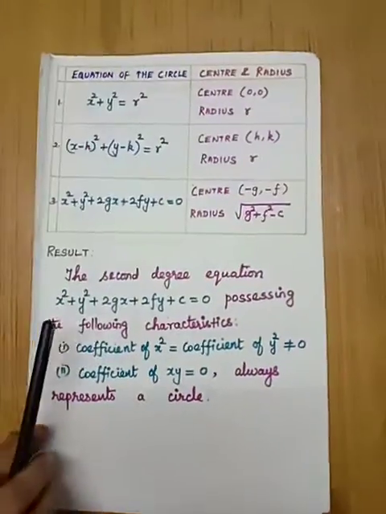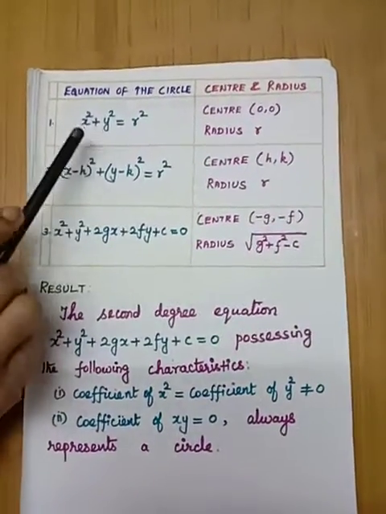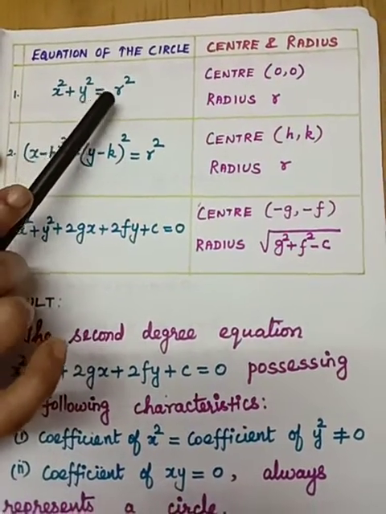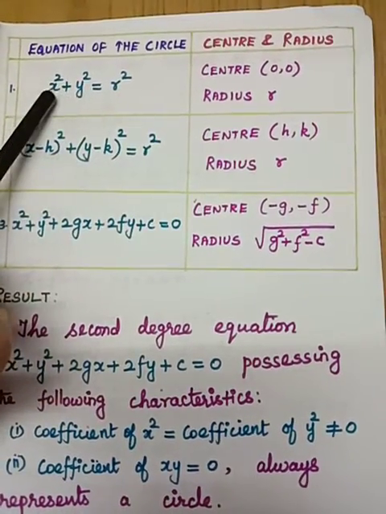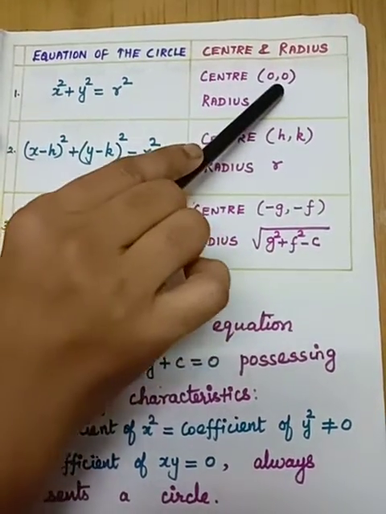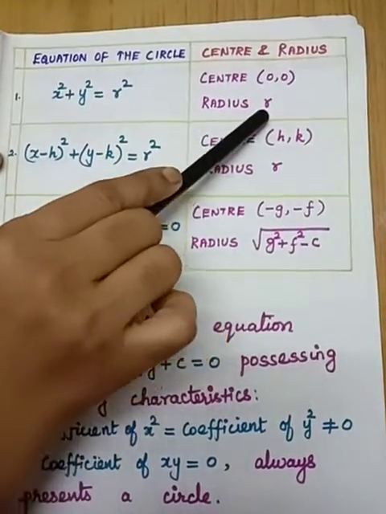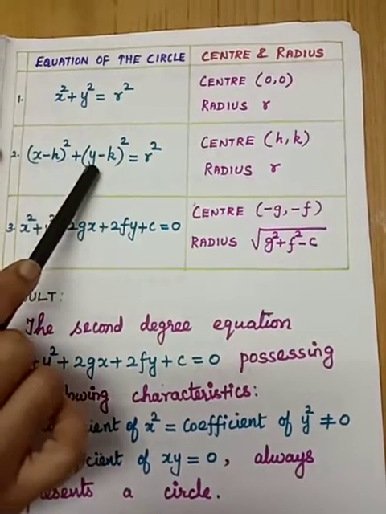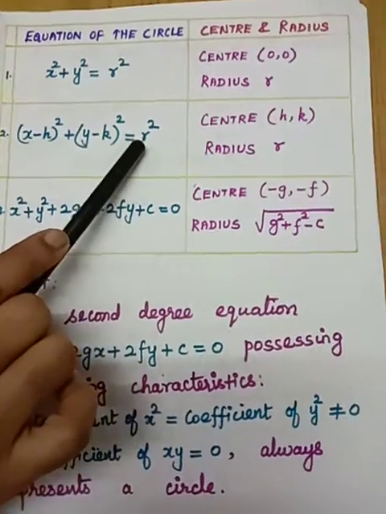You see the equation of the circle. So you have x squared plus y squared is equal to r squared. If you have the equation like this, your center is 0, 0 and radius is r. Next, x minus h the whole square plus y minus k the whole square is equal to r squared.